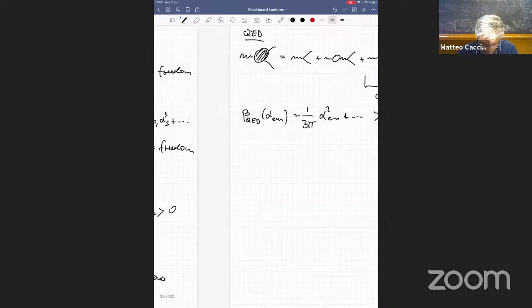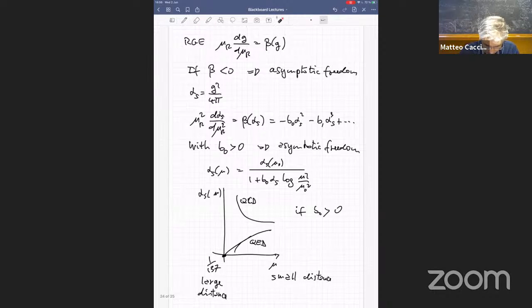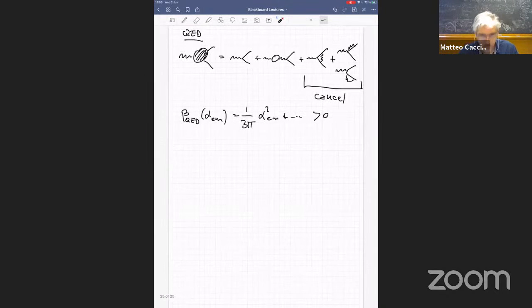It is what you had here. At large distances, the value of the QED coupling is less than what you have at small distances. As you pull 2 electric charges apart, the strength of the interaction decreases. This is QED. Now, what happens in QCD?